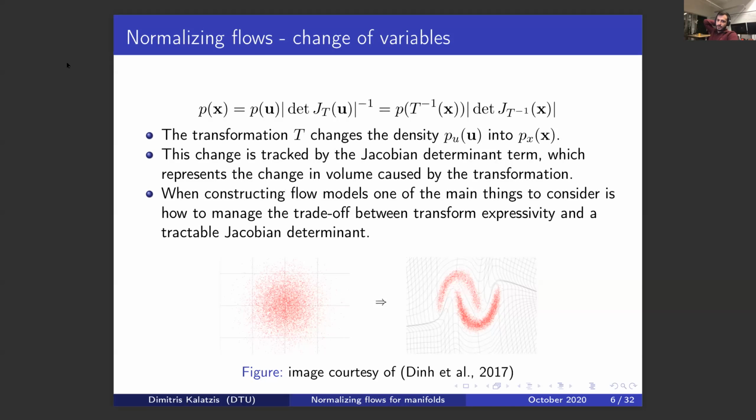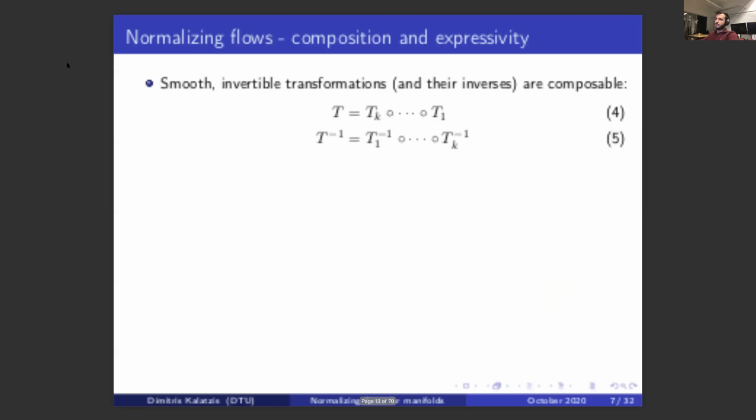So one of the things we need to keep in mind is that we need to construct the model in such a way that makes this determinant calculation tractable. This, of course, creates a trade-off between model expressivity and determinant tractability that we need to manage.